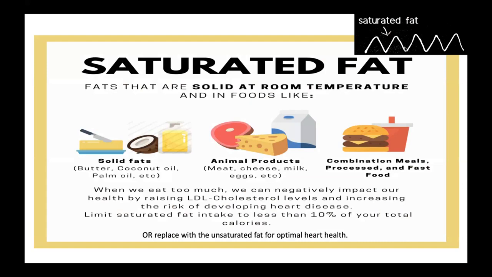Saturated fat is also very high in commercially prepared snacks, fried food, and fast food. So saturated fat is more solid fat, and those are the ones that are going to get stuck in your arteries or veins, and it's going to be bad for the heart when we consume them in high amounts.